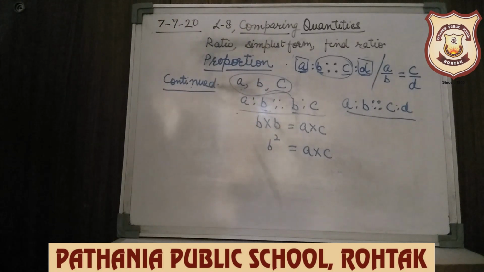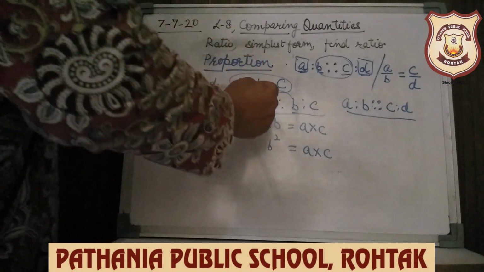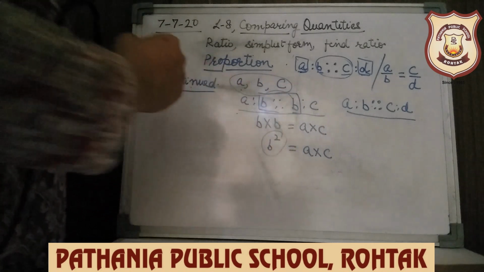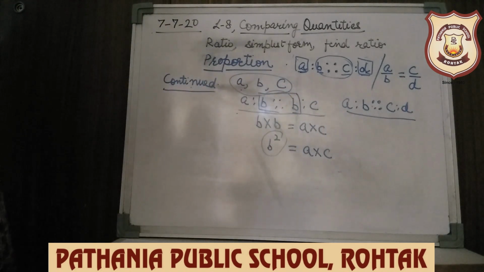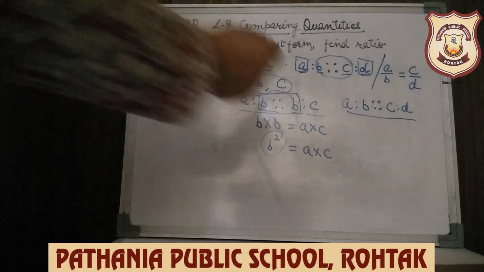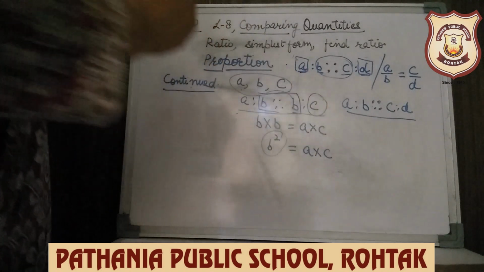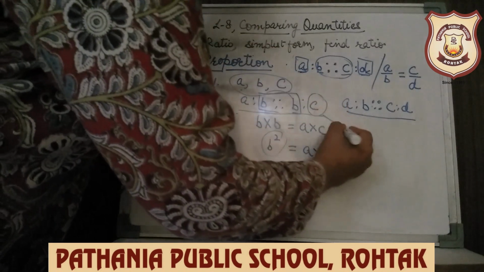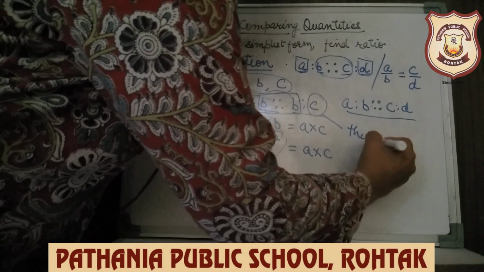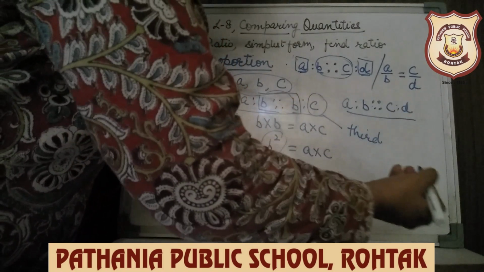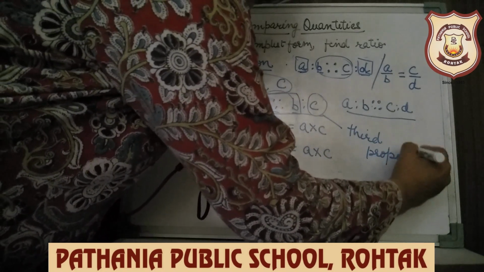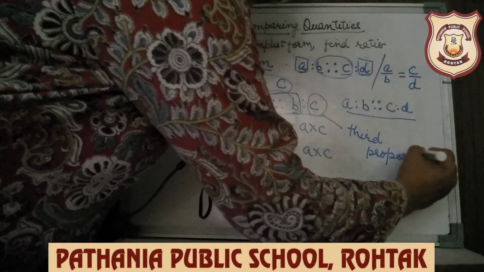Then in this manner you are going to write, and this B is called the mean proportional, not B square. And this C is the third proportional, because questions will come to find the third proportional.